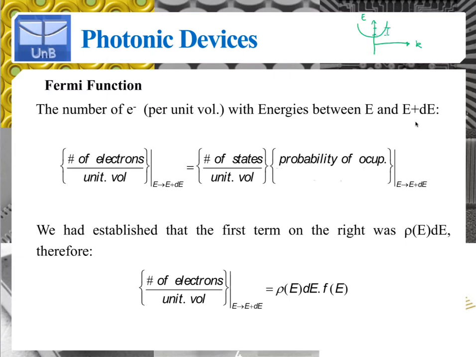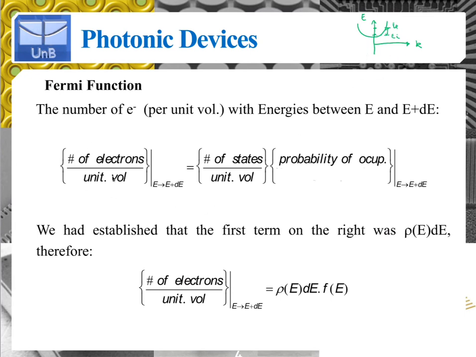So energies within any given range, including the entire conduction band or valence band. So from E_i to E_f, let's say that we want to know the electrons that have these energies. How do we do this?